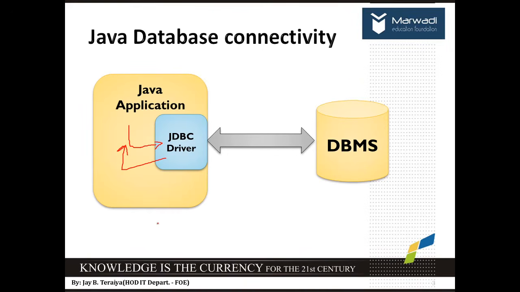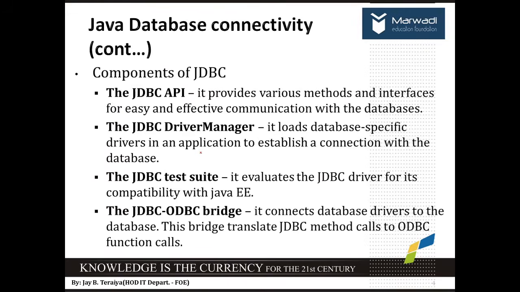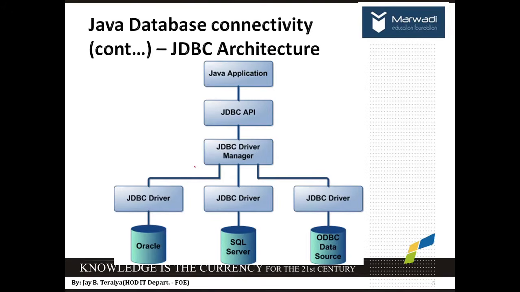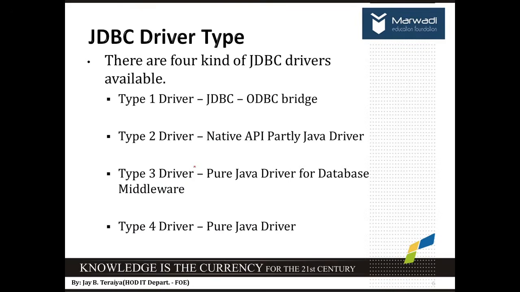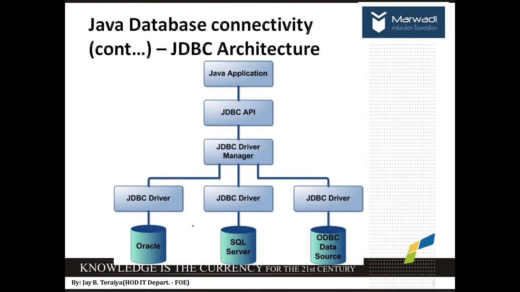Now if you look over here, one important question in terms of a JDBC driver, right? There are four types of driver that we have discussed. And before that, if you look at this architecture, our Java application is going to interact with a JDBC API.